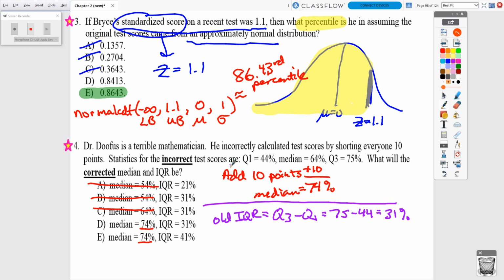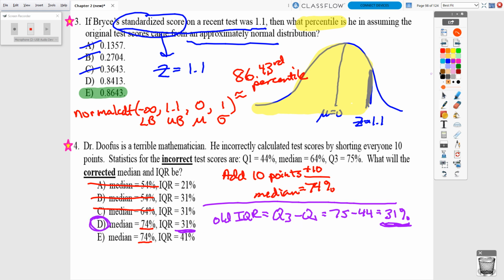But if we add 10 points, will the adding affect the IQR? Will it affect a measure of spread? It doesn't. So it should stay 31. And so that means our correct answer is going to be D.